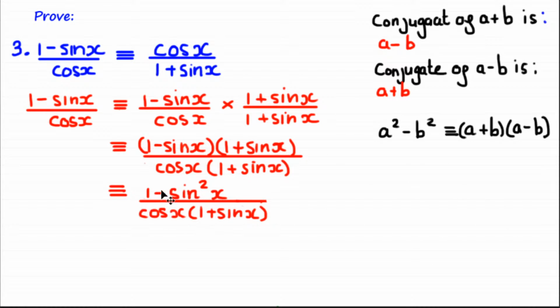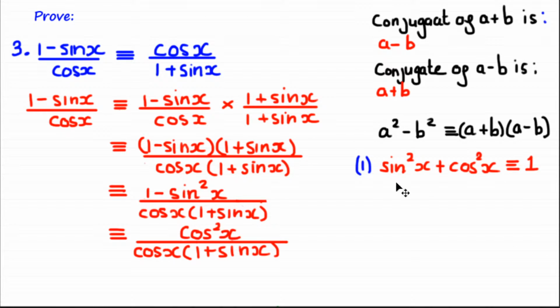Now we know that the numerator, using equation 1 again, is equal to cos squared x, and we can take out a factor of cos x. Cos x cancels in the numerator and denominator, giving us a final answer of cos x over 1 plus sine x. So this is an example of using conjugates to prove identities. Be familiar with that and don't be afraid to try it out, especially when you see terms like 1 plus sine x, 1 minus cos x, 1 minus sine x, those types of terms.